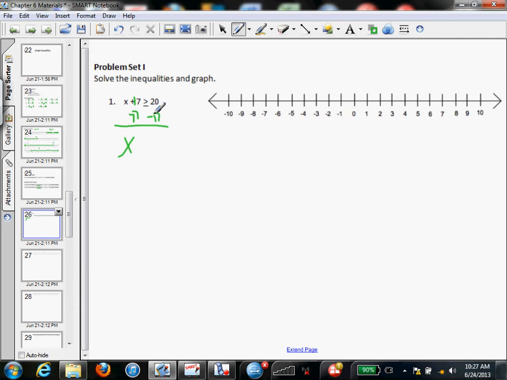That was a mess up in the notes. So bring down our inequality because we have not divided by a negative. So we have 20 minus 17, or subtracting 17, so that means x is greater than or equal to 3. Since we have that equals in there, we can put a solid dot, and since the variable is on the left side of the inequality, we can think of it as an arrow pointing us in the direction we need to fill in.